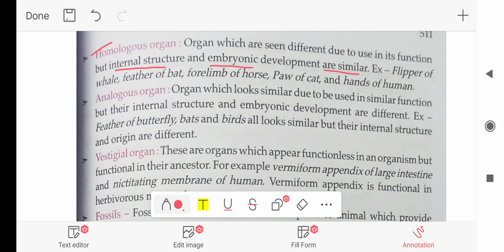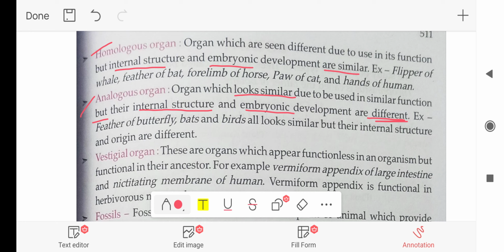Next term is analogous organs. Analogous organs are the organs which look similar due to being used in a similar function, but their internal structure and embryonic development are different. Analogous is the opposite of homologous because here organs look similar, but their internal structure and embryonic development are different.